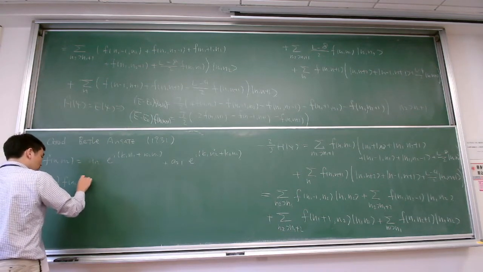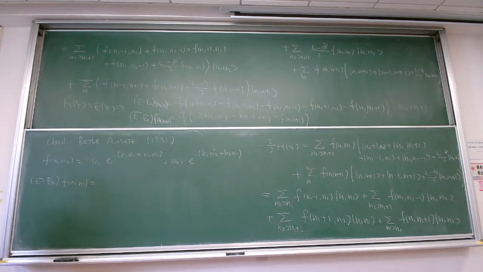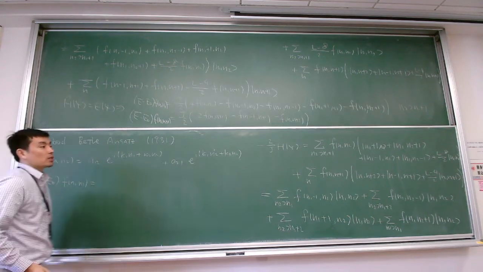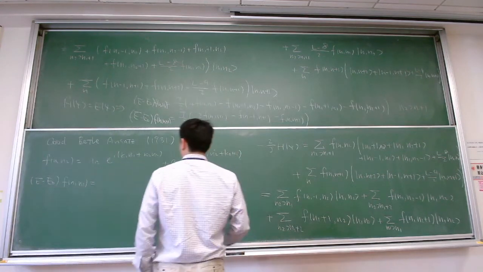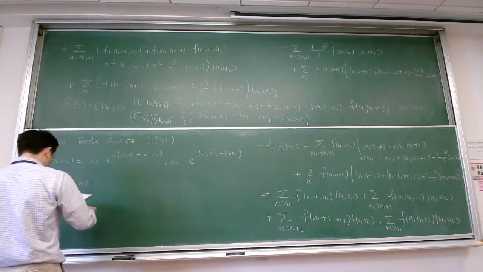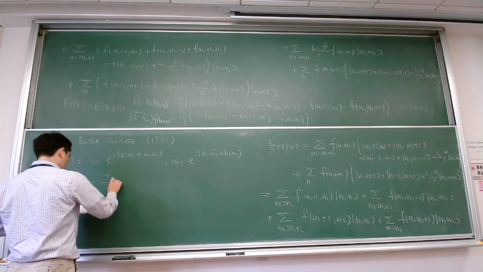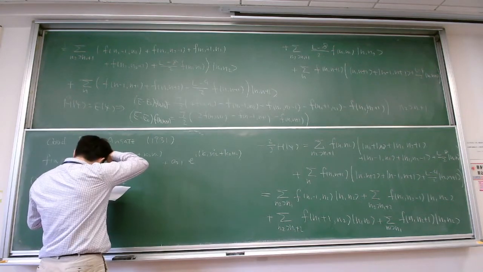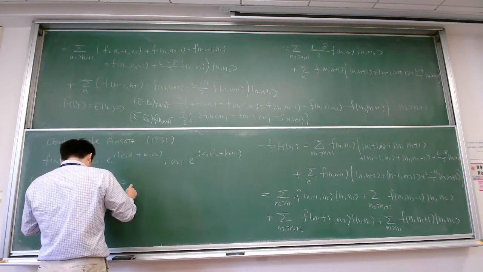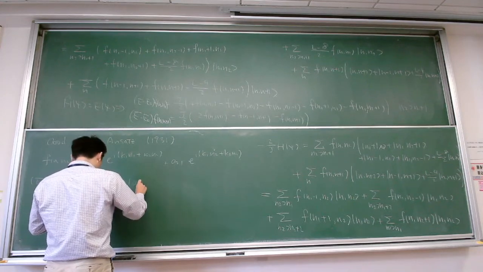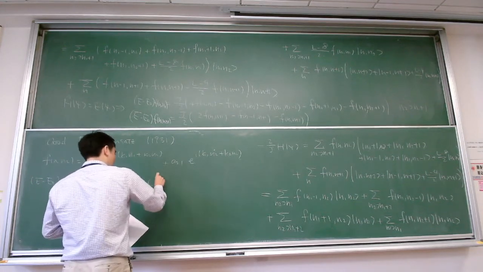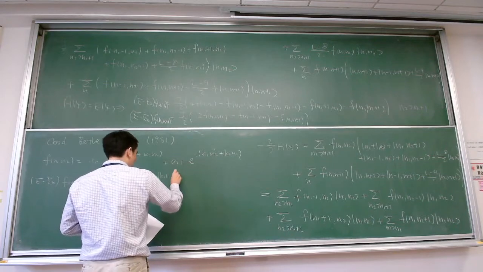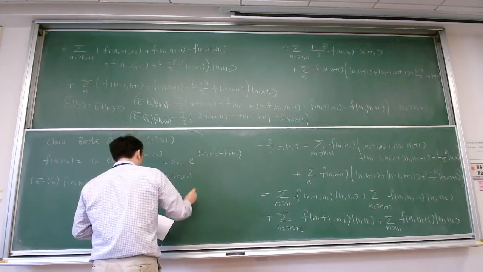I mean, one has to do this kind of calculation. I don't want to skip this kind of calculation. So then J over 2 times 4 times A12 e to the i k1 plus k2 and 2.